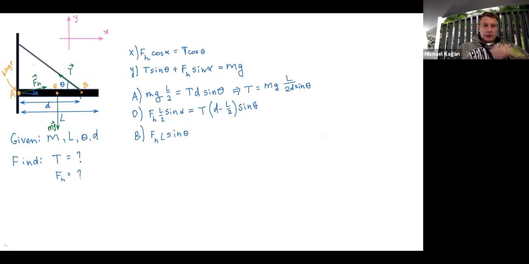Folks, do you see that? That equation B will not be independent, much like it was not independent in the previous problem. It will be a combination of A and O. So let me back up. Just say not independent.